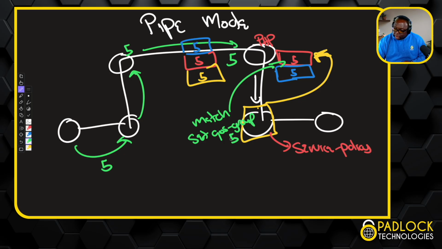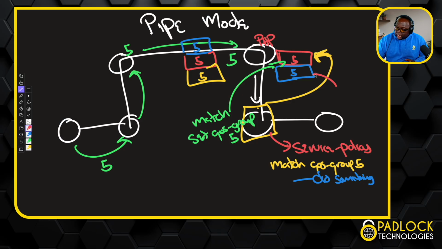Now, in the service policy going outbound, you would say match QoS group 5 and then do something. It could be priority, could be some bandwidth, could be whatever you want, but you're not matching anything in the IP packet here.